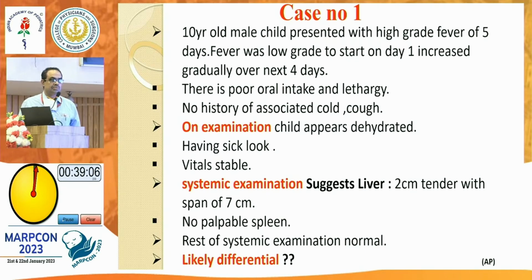It might be urinary tract infection also, as this is 5 days fever. Then we cannot rule out collagen vascular diseases also. In some cases of viral infection like dengue, patient may present like this. So it's a mixed picture right now.